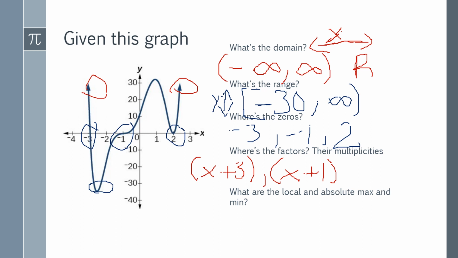But you see how it lays flat at -1 and then rises up? That means that it has a multiplicity of 3. And then we say that the zero is positive 2, right? Well, it's going to be x minus 2 for the factor. But the graph bounces, so it's going to have a multiplicity of 2.